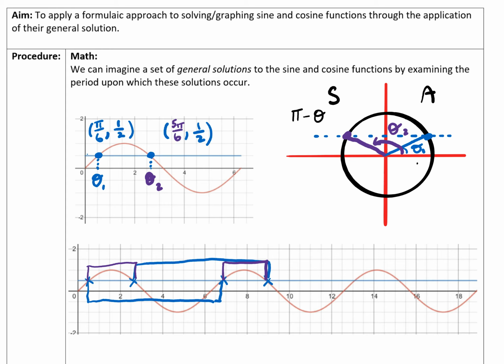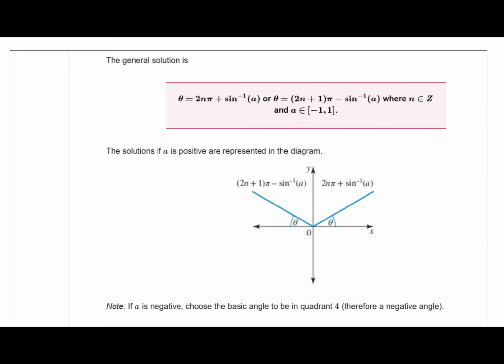So we can see that we've got that relationship of here's an angle, and we're also trying to find pi minus that angle, because both of those are at the same y value. I know that once I've got one, they're 2 pi apart, and I can see that here. So we're trying to use that information and put it into a formula. And it turns out it's relatively easy to do so. Although it is relatively easy, we do need to consider these two separate angles as both having their own answers, and then adding a period of 2 pi.